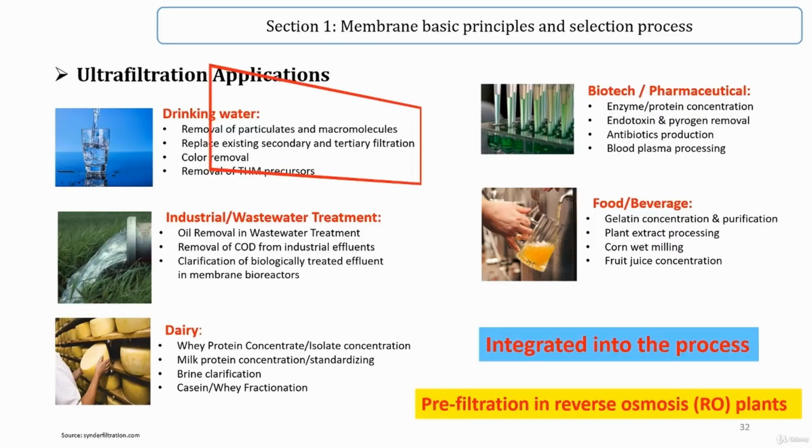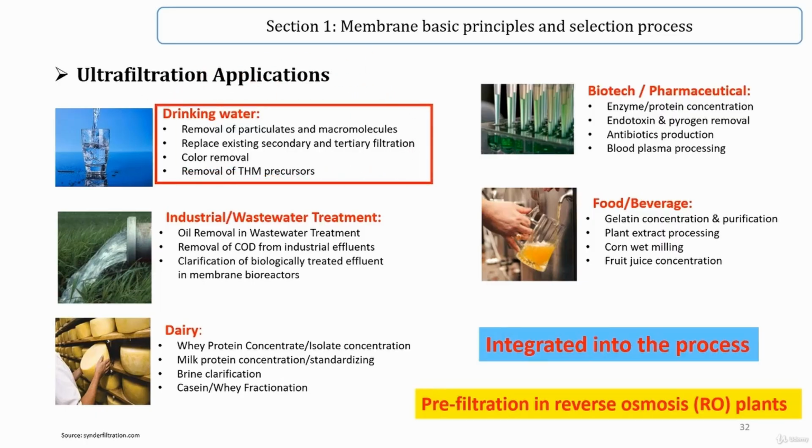In drinking water, ultrafiltration can be used for the removal of particulates and macromolecules from raw water to produce potable water. It has been used to replace existing secondary treatment levels such as coagulation, flocculation, sedimentation, and also tertiary filtration for removal of trihalomethanes employed in water treatment plants.